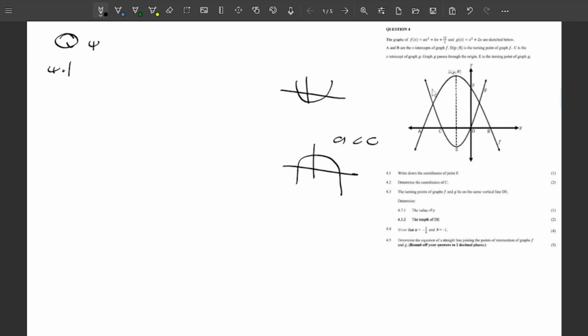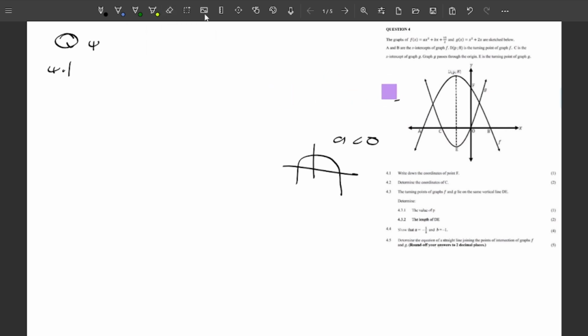Its a is less than 0, and this one its a is greater than 0. From what we can see, that one is the x squared plus 2x graph, which is g of x. This means that the inverse one, with the negative a, is this one. It's f. So we can now begin our attempt at this problem.